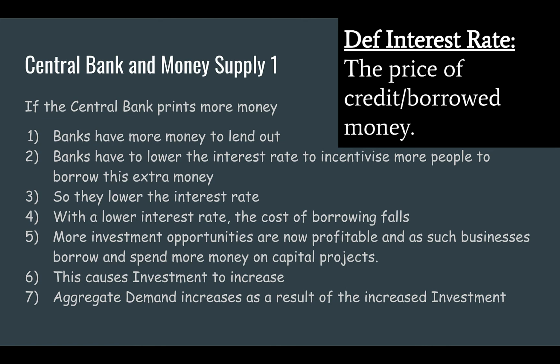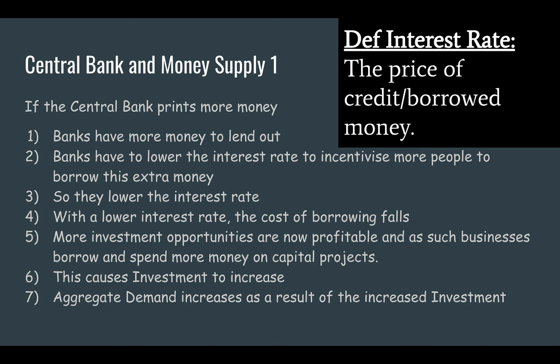Now, if your costs fall, which cost of borrowing is the cost of investment in many cases, well, more investment opportunities are now profitable. Because assuming the revenue that you would have gotten from building, let's say, 200 apartments stays the same, which there's no reason it wouldn't, with a lower cost of borrowing, a lower interest rate, now more of these investment opportunities are profitable because your cost has fallen and, ceteris paribus, your revenues remain the same.